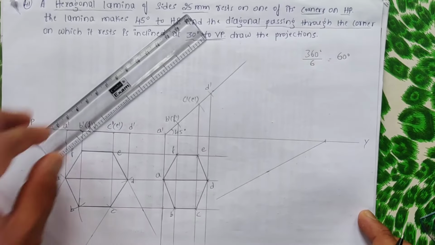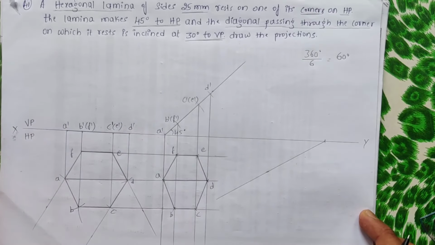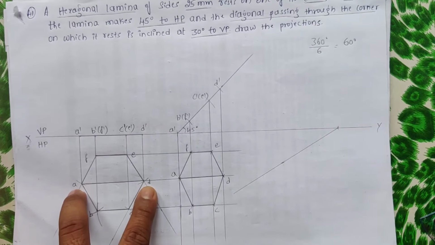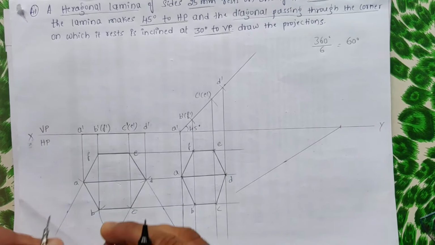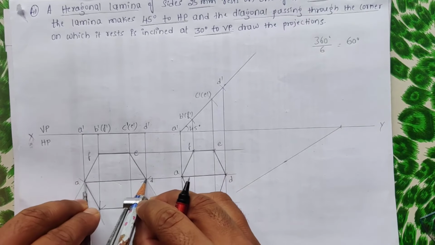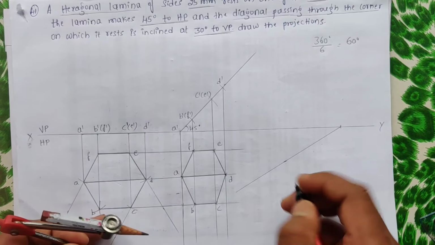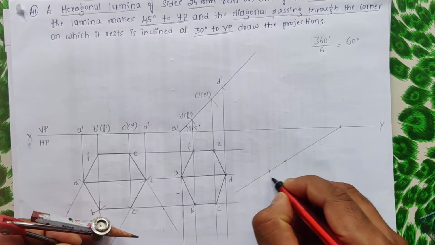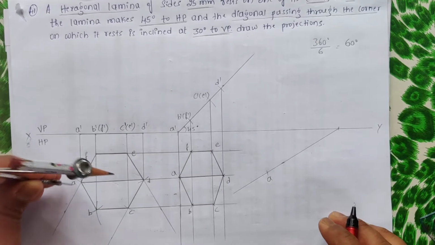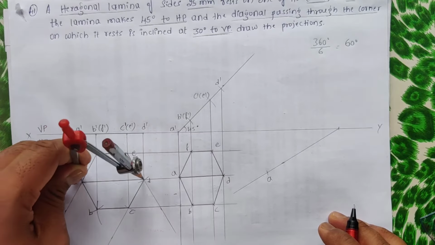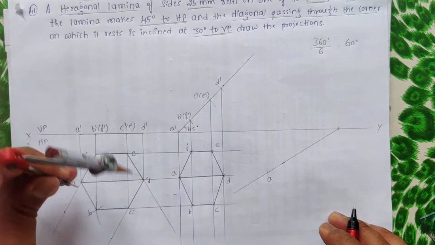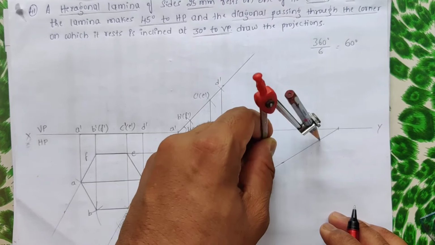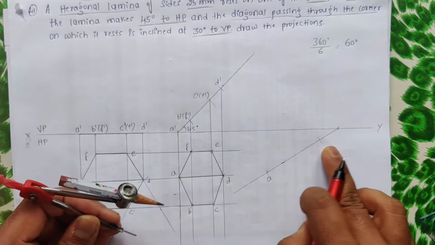Next, first we have to consider this AD from the first diagram. Okay, so AD, measure it. Now you can simply locate point A here, and then cut for D. Measure A to D and you can cut for D. You got it here, no?